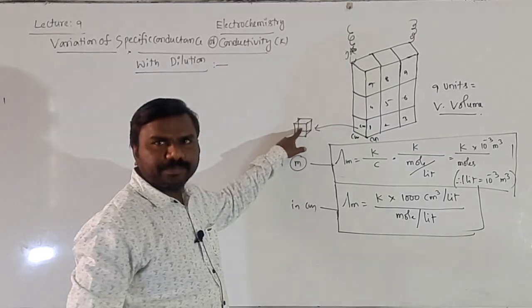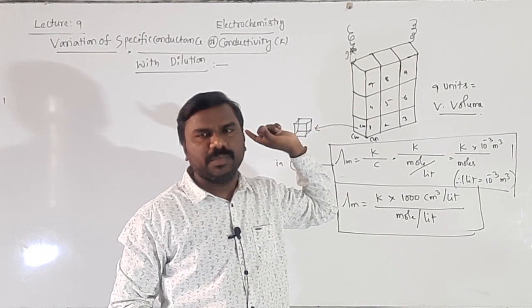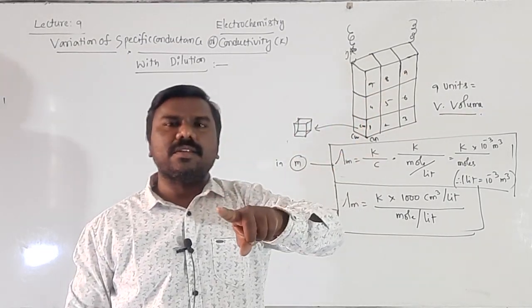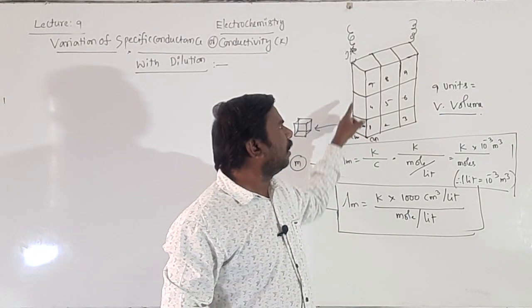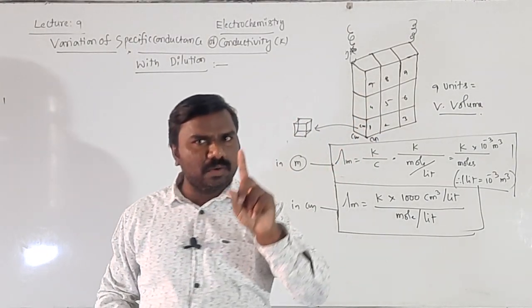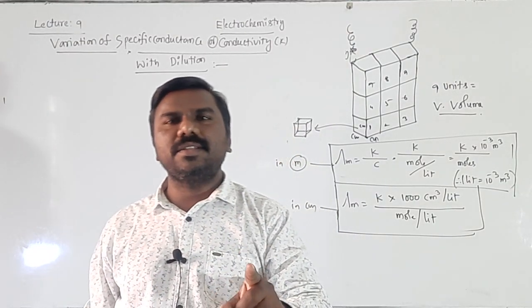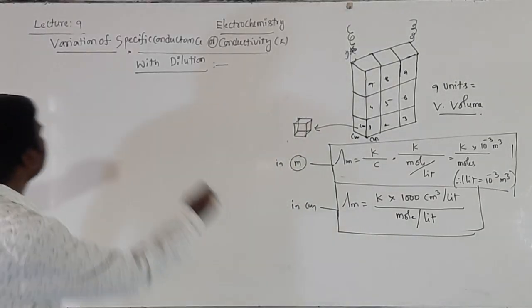Only 1 unit, not all units, not total volume. If you consider total volume, that conductance is called molar conductance. Only 1 unit, totally 9 are there. If you consider only 1 unit, that unit volume ions conductance is called specific conductance, already given, right?